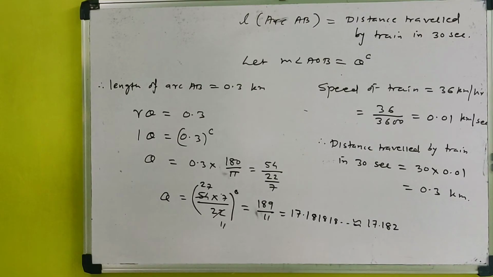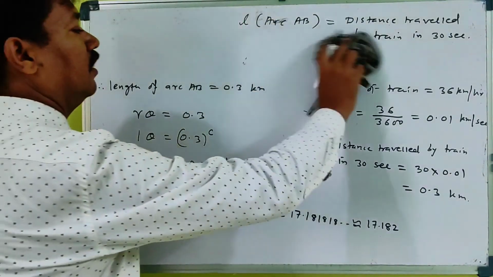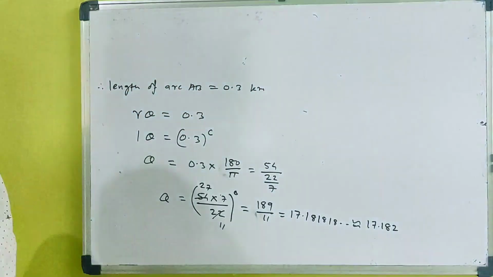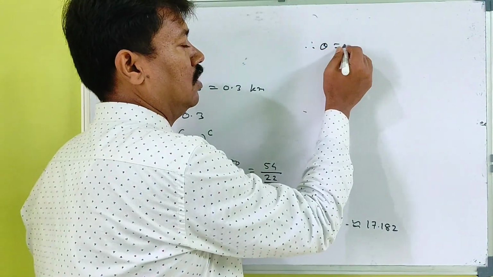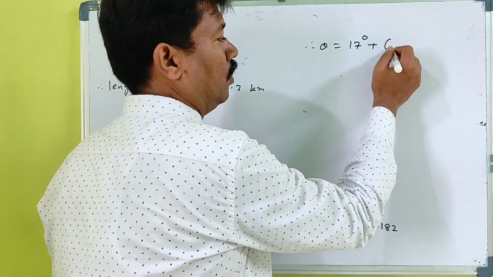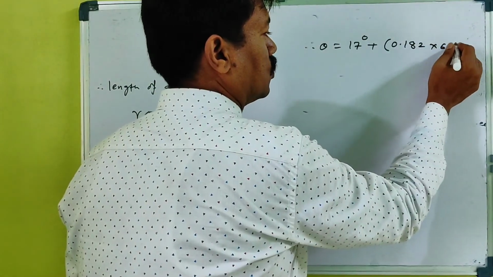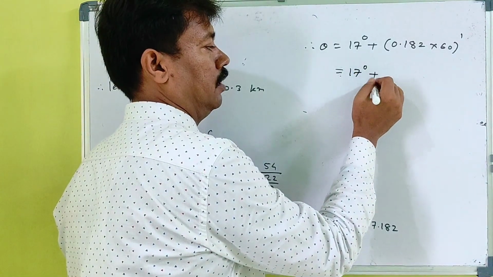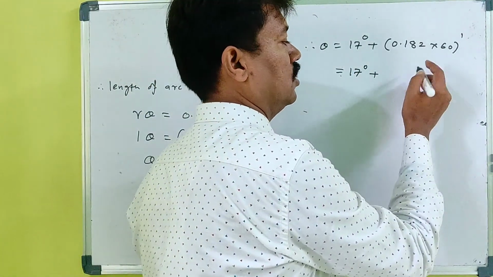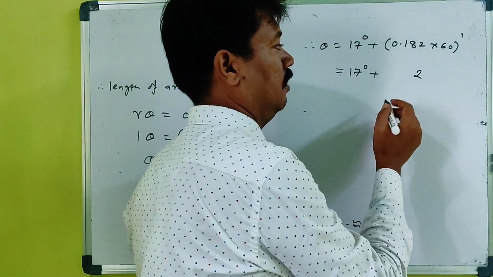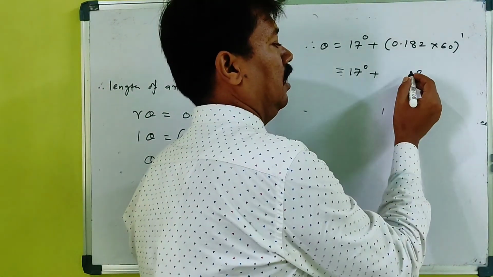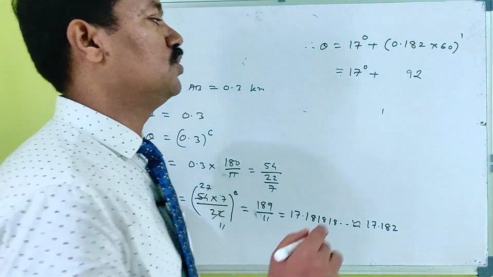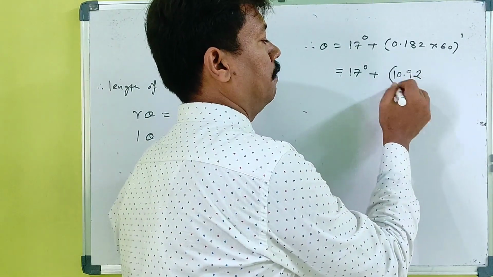We have to find it to the nearest minute, it is said. Therefore theta is equal to 17 complete degrees plus 0.182 into 60, which becomes minutes. Multiplying, we get 10.92 minutes.